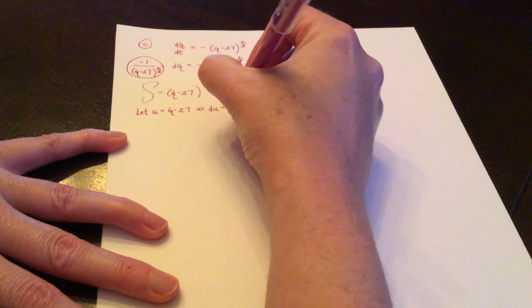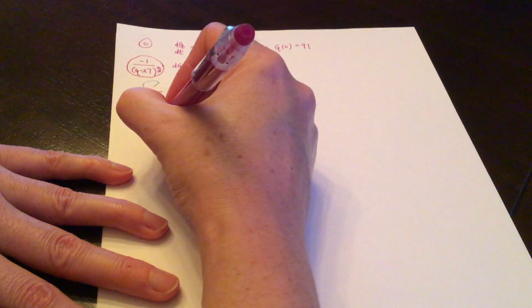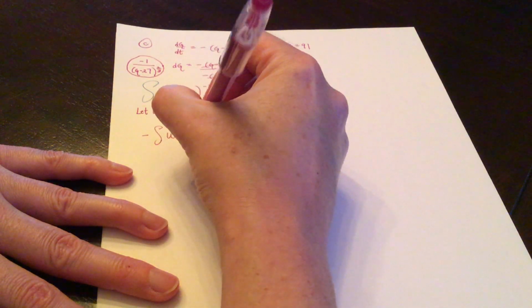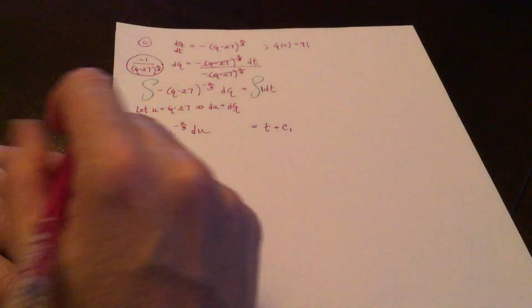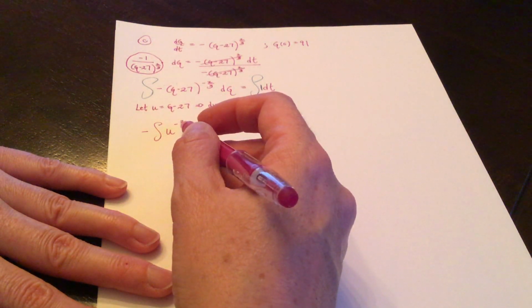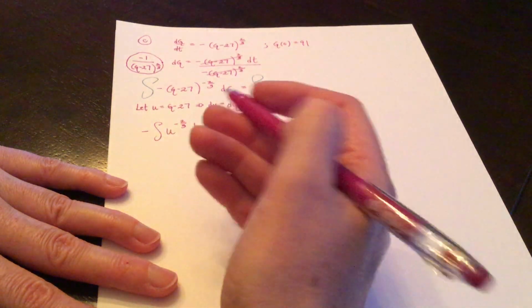So on the left side, you'd have the opposite of the integral of u to the -2/3 du. Then you could just use the basic power rule for integrals on that. So you add 1 to -2/3, you get 1/3, and then you divide by 1/3.